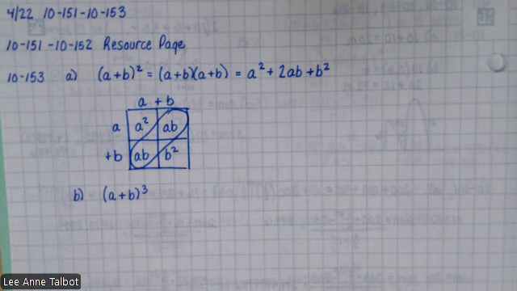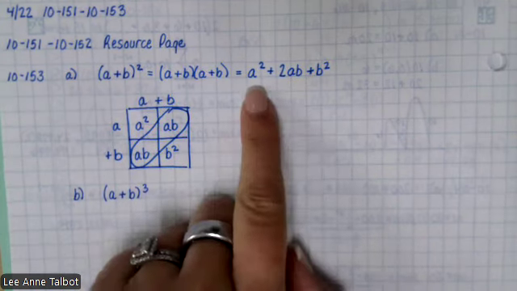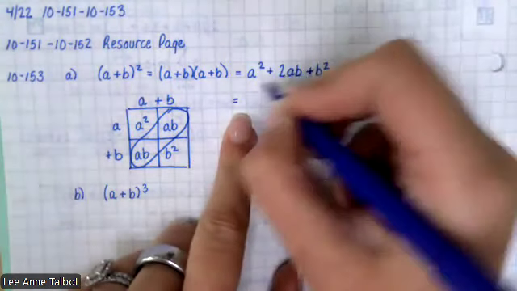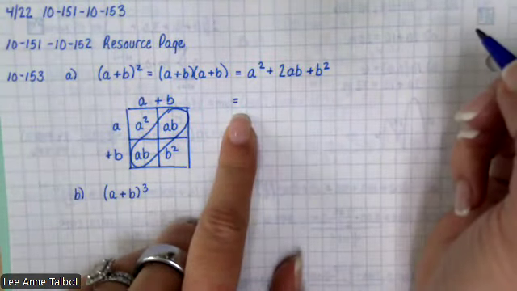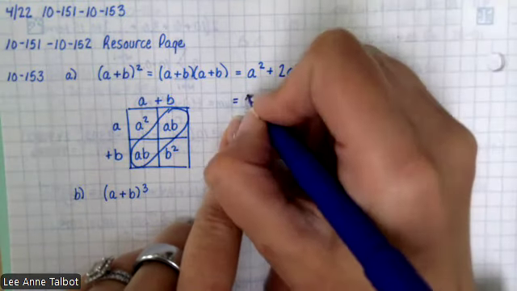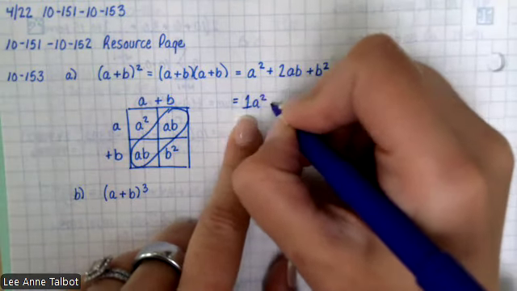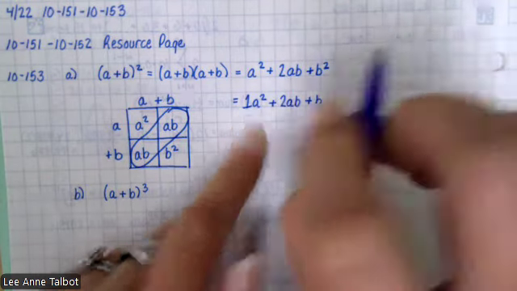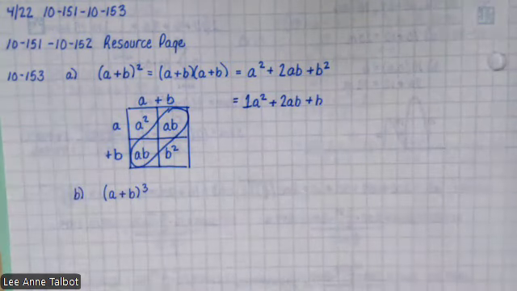Okay, and what I want you to do is take this and do what you would never do. I want you to put the leading coefficients on the first one and last one. So 1a squared plus 2ab plus, I just got distracted by Coach T and forgot my 1.